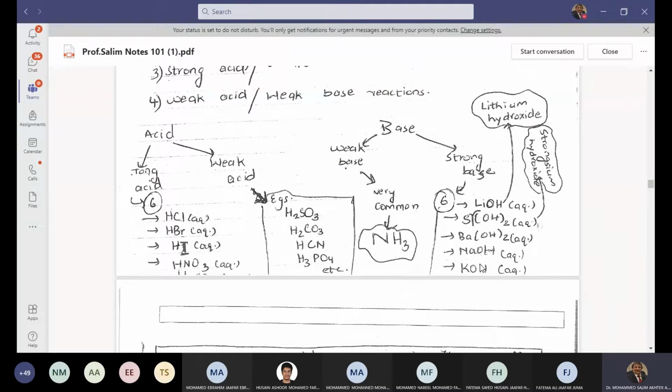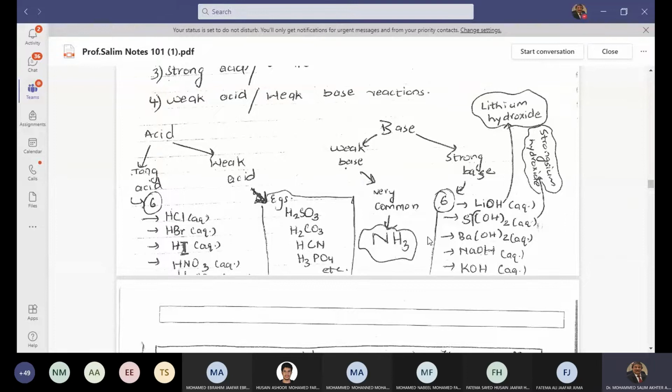From group 2, calcium hydroxide, strontium hydroxide, Sr(OH)2, and barium hydroxide. There are total 6. 6 strong acids, 6 strong bases.